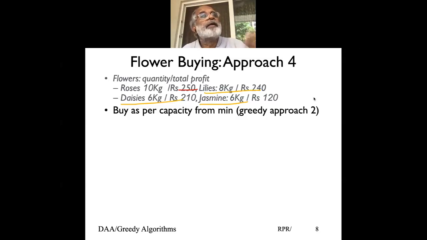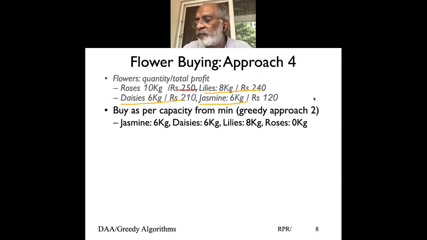That means I can keep getting the maximum number of varieties. So when I look at this, jasmine 6 kg, daisy 6 kg, lily 8 kg, and this makes 6 plus 6 is 12, plus 8 is 20. So I don't buy any more roses. My profit, jasmine gives me a profit of 120.